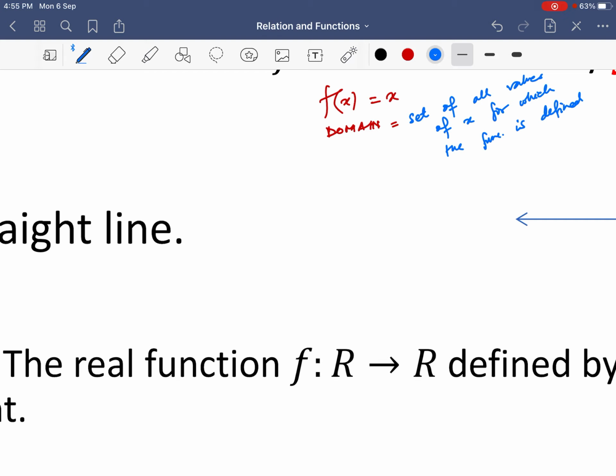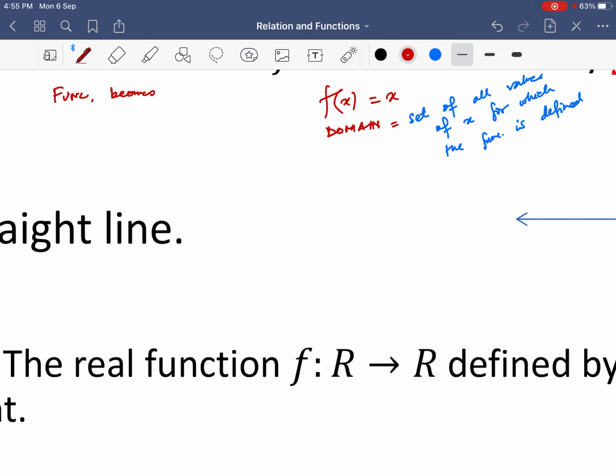So obviously, from the given definition of domain, it means that we have to ignore all the values of x for which the function becomes undefined. For the function to be undefined, we need to know two conditions. So what are the two conditions in which the function becomes undefined?